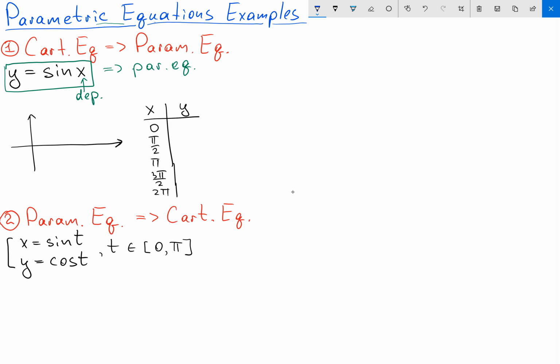Sine of 0 is 0, sine of pi over 2 is 1, then 0, minus 1, and 0. If we graph this, we get exactly this graph, and we can keep going. So this is going to be my Cartesian graph for y equals sine of x.